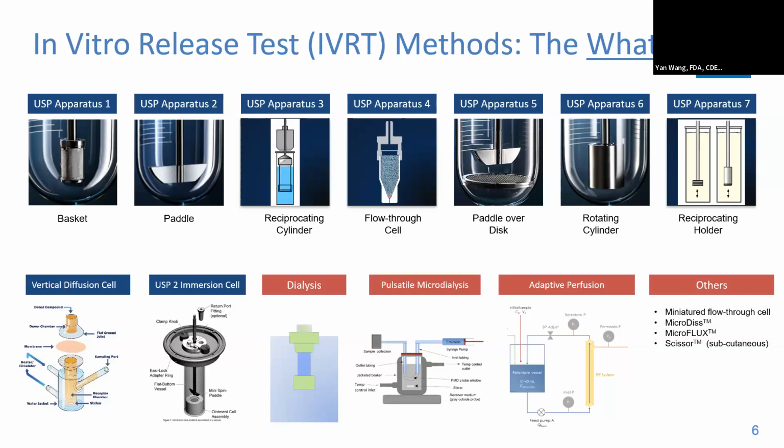Then the pulsatile microdialysis I'm showing here was a system designed more to capture, for instance, the rapid ophthalmic product's initial release in a short time period, because the system gives a significantly increased surface area to volume ratio, allowing the initial capture of the dissolution.